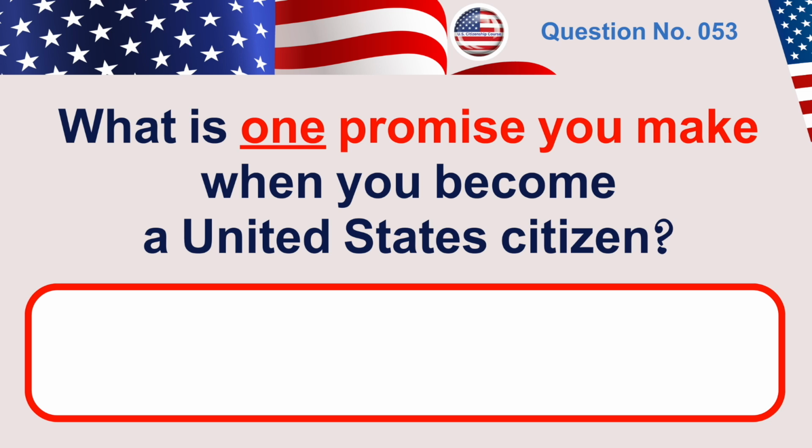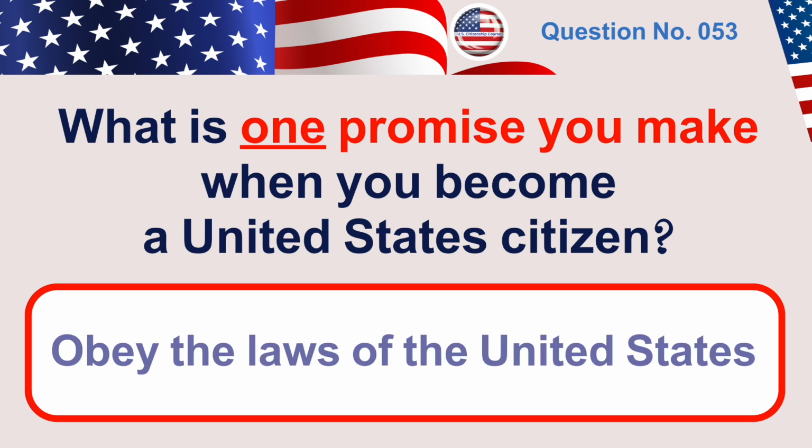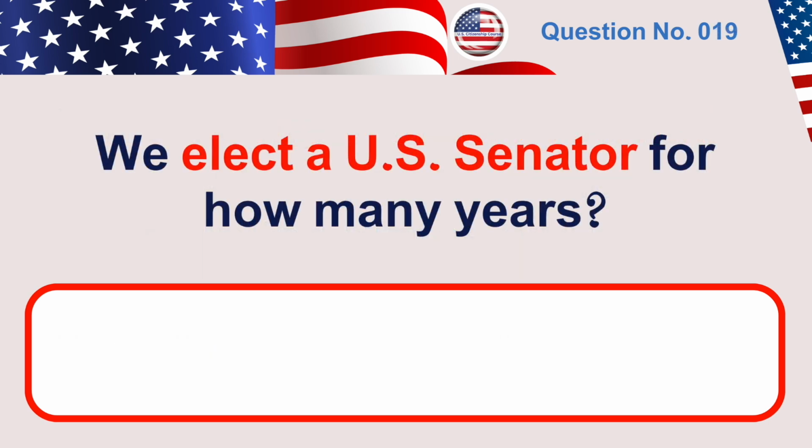What is one promise you make when you become a United States citizen? Obey the laws of the United States. We elect a U.S. Senator for how many years? 6.